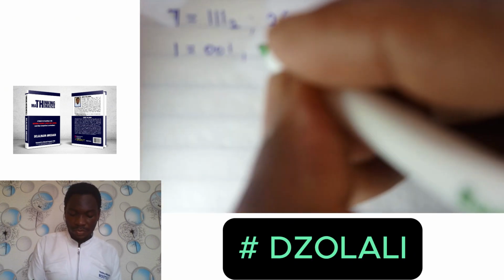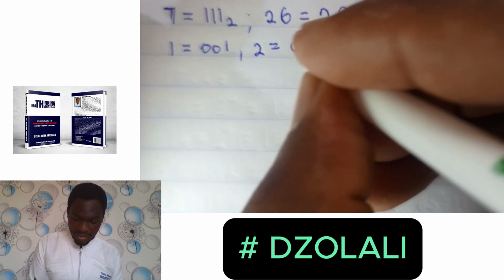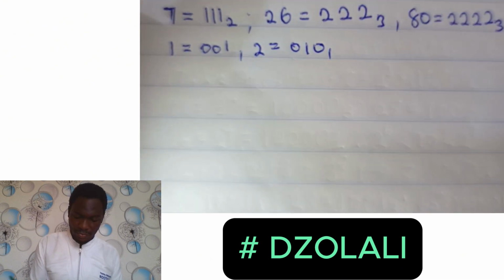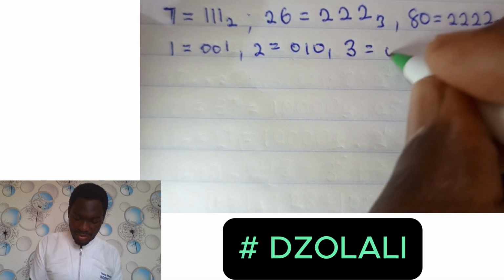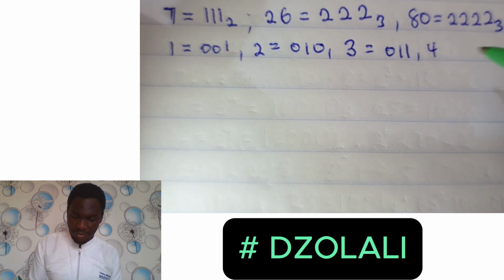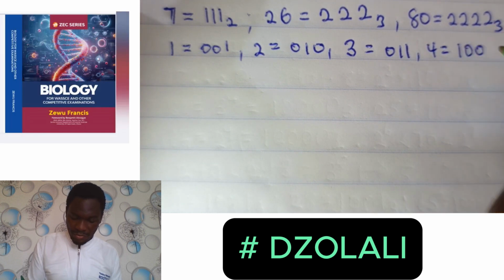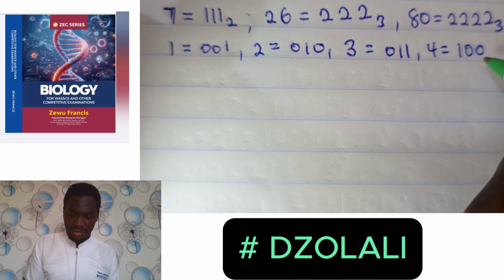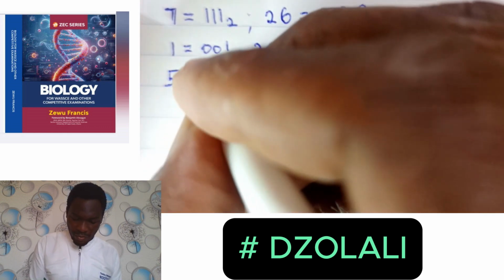And 2 is 0, 1, 0. We have 3, which is 0, 1, 1. We have 4, which is 1, 0, 0. They are all in base 2. We have 5, 1, 0, 1.